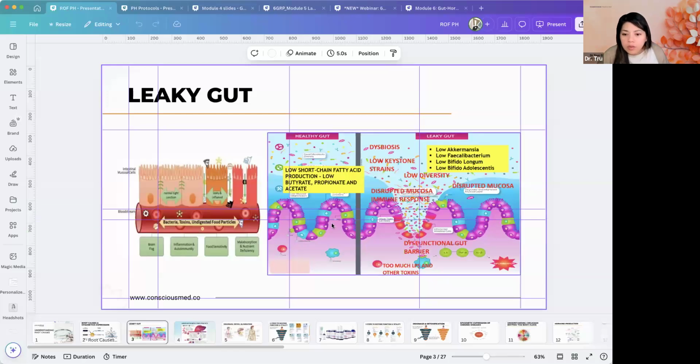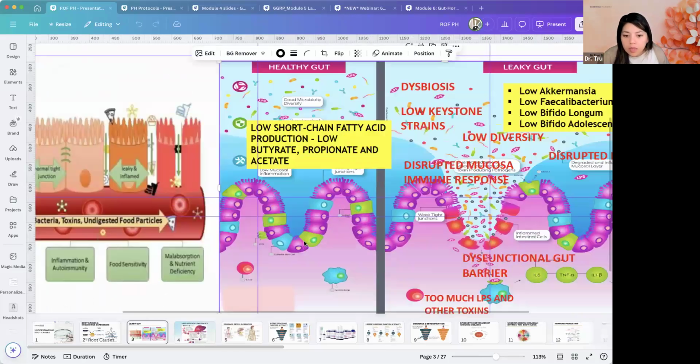Okay, so I'm going to zoom in here. So these are epithelial cells, right? And in between are these proteins that hold them together. And these proteins are flexible. They're like gates. They serve as a channel. So they open up to let nutrients in, and then they may open up to let waste out too. But most of the time is to get nutrients in.